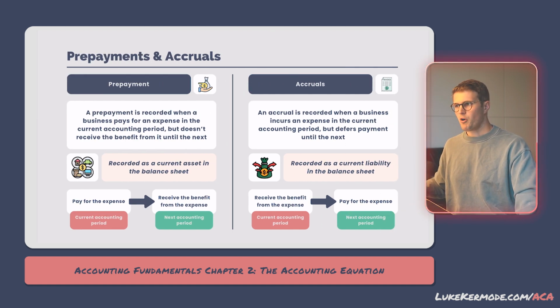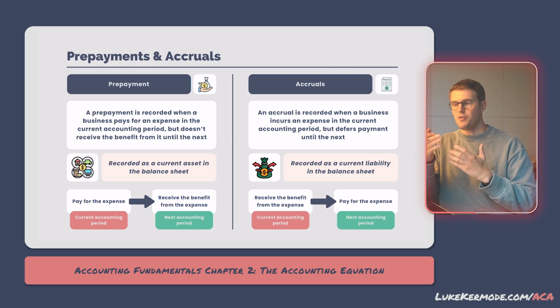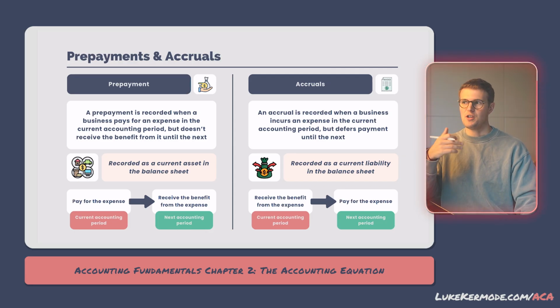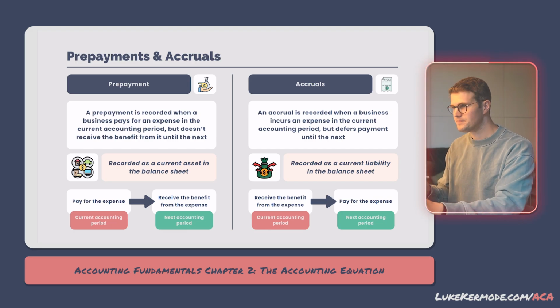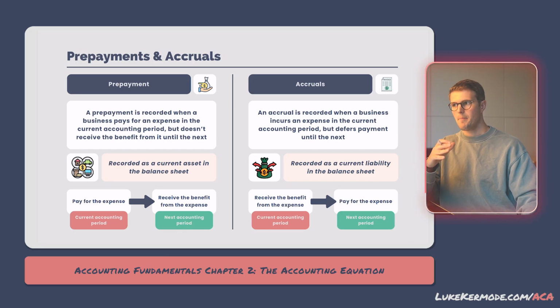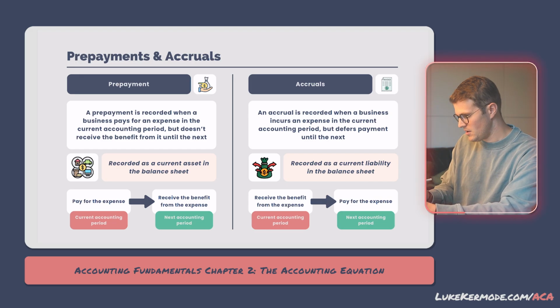To ensure the statement of profit or loss gives an accurate picture, we need to align both income and expenses to the period in which they actually occur, not when the cash changes hands, and that's where accruals and prepayments come in. A prepayment is a cost paid in advance for goods or services that will be received in a future period.